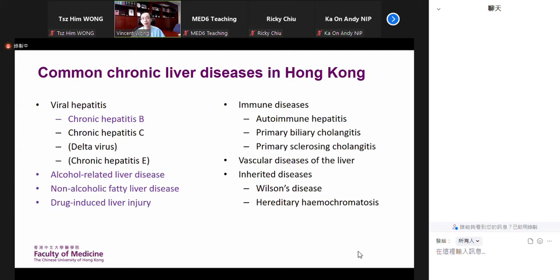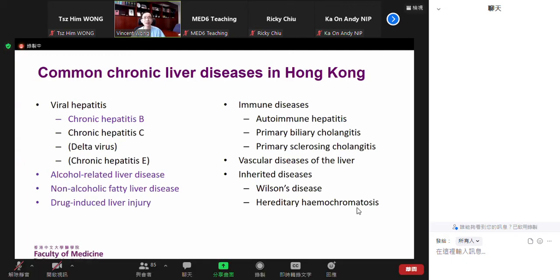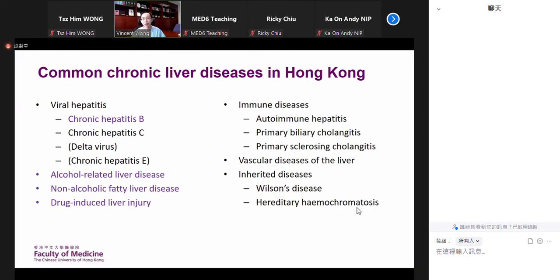It can be hepatic pattern, it can be cholestatic pattern, it can be isolated jaundice, it can also cause hepatic steatosis. And therefore, remember to ask about the drug history, not only about prescribed drugs, but also including recreational drugs, herbs, and supplements, which are so common in our locality.